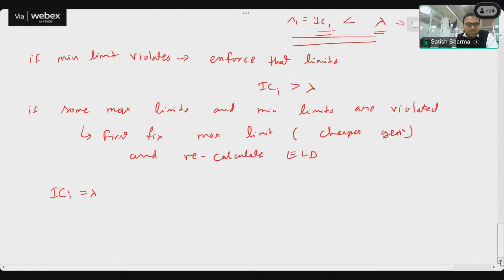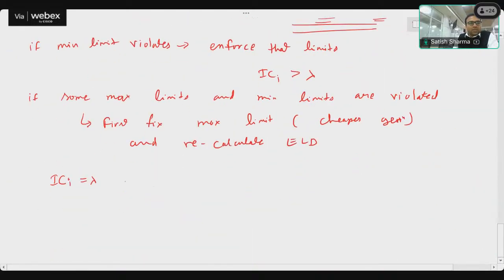The same thing I can write down: if incremental cost is equal to lambda, the ith generator is producing between the maximum and minimum limit, so no limits have been violated. Let's say the ith generator is kept at the maximum capacity, just like we assumed.